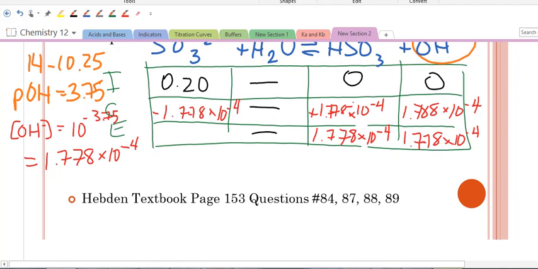So we can find out our final concentration, which is 0.1998.